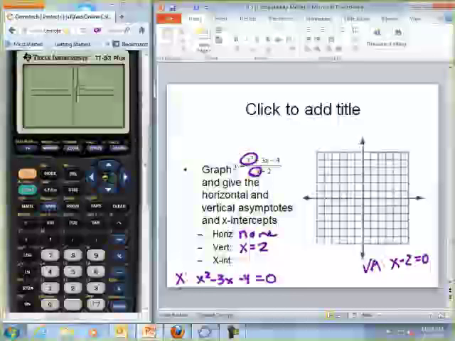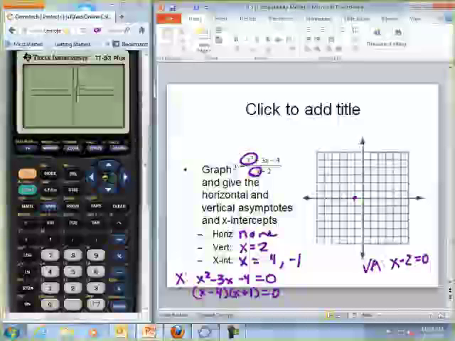And this will need to be factored. What multiplies to -4 that adds to -3? -4 and +1 will multiply to -4 and add to -3. So that gives us solutions of +4 and -1.